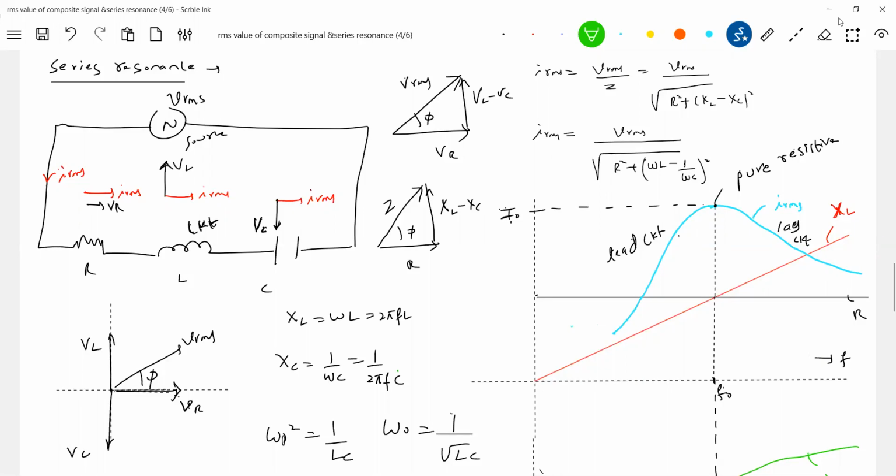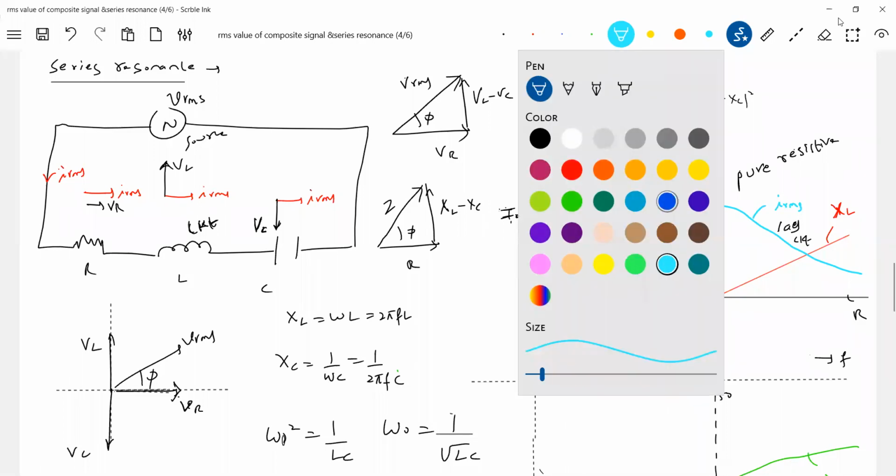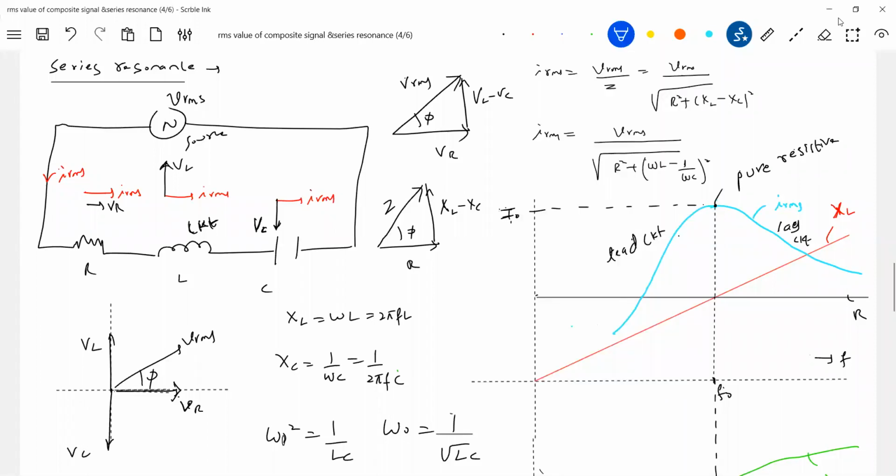It should not cross that X_L, because impedance is made of R and X_L, and of course R gets added to X_L, and here X_C will come.